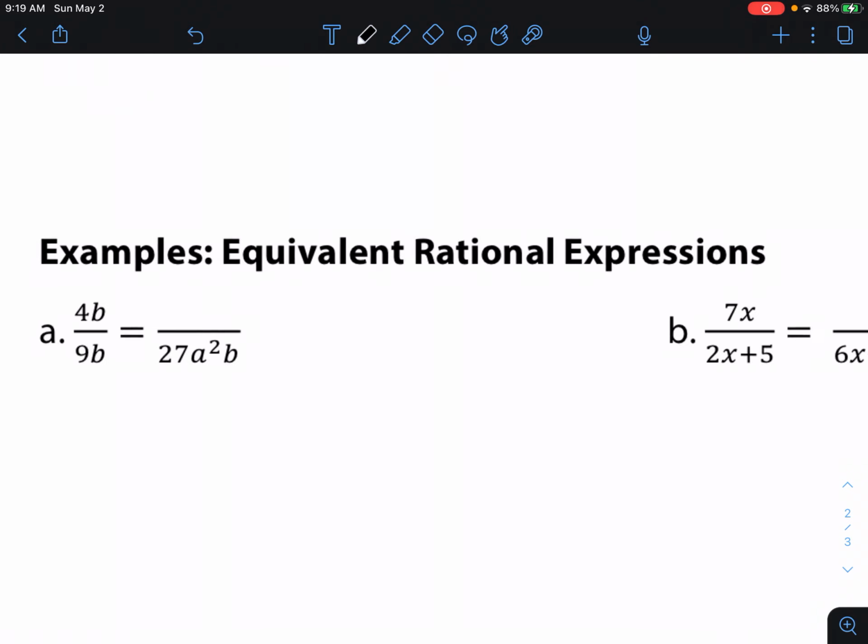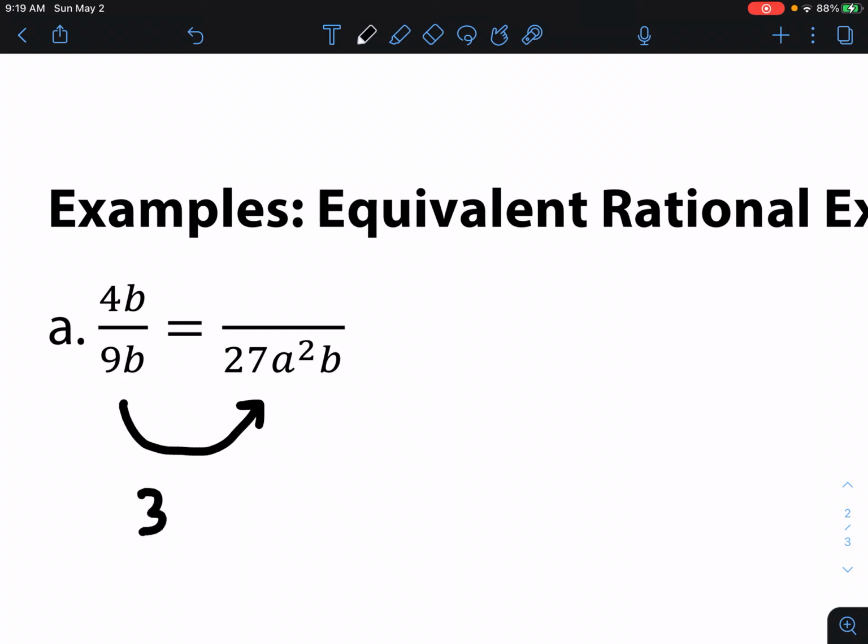Well, if we just think about it, 9 times 3 is 27, right? And there's no a squared with the 9b, so we know we have to multiply by an a squared. And there is a b there, so we don't have to multiply by another b. So we need to multiply 9b by 3a squared to turn it into 27a squared b.